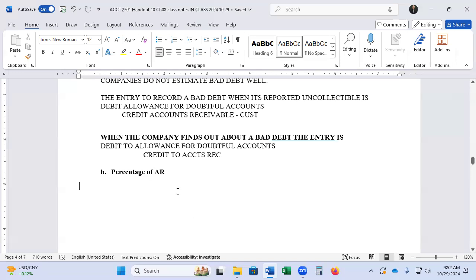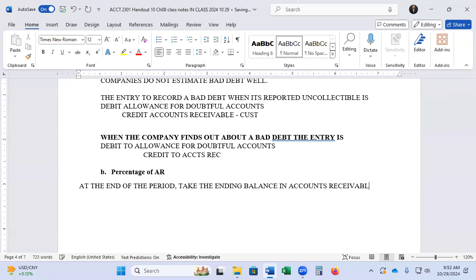Okay, the other method is called the percentage of accounts receivable. At the end of the period, take the ending balance in accounts receivable and multiply by the estimate of bad debts expense percentage.